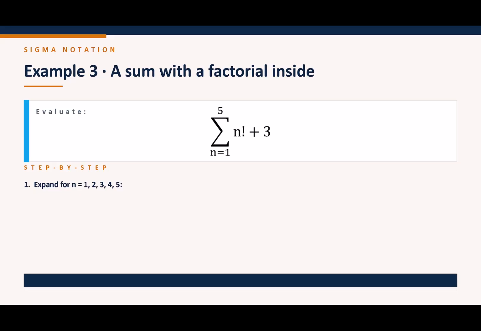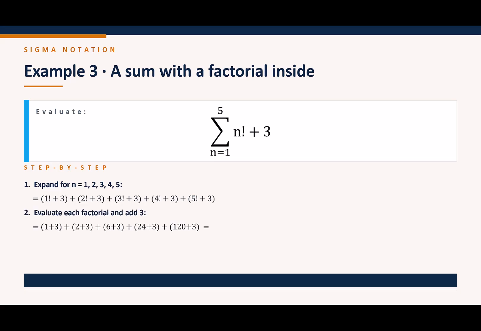Just like before, we want to think about the values we're going to plug in. This time we're plugging in 1, 2, 3, 4, and 5. We'll have 1 factorial plus 3, 2 factorial plus 3, 3 factorial plus 3, 4 factorial plus 3, and 5 factorial plus 3.